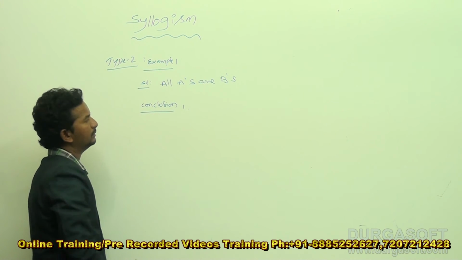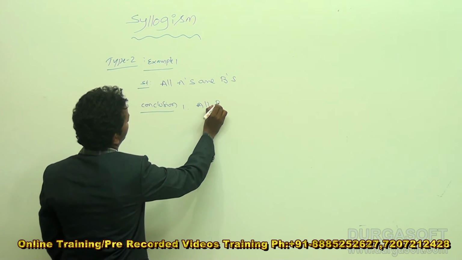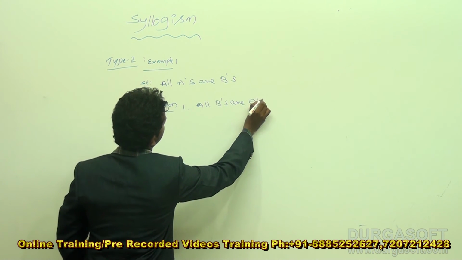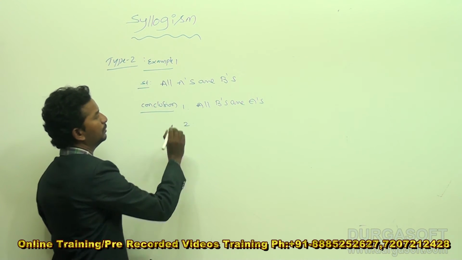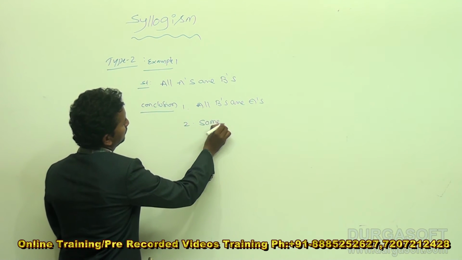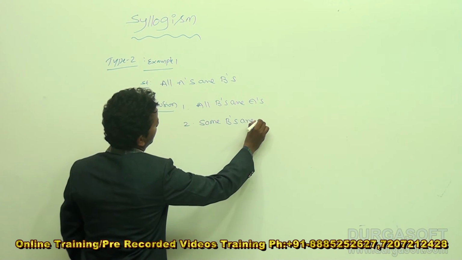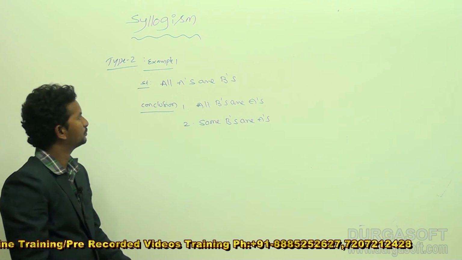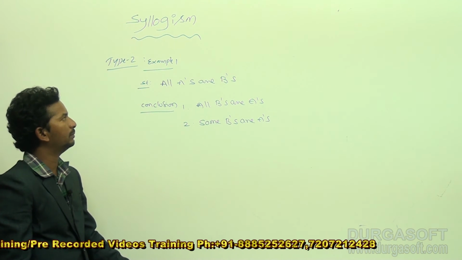Conclusion number 1: all B's are A's. Now coming to conclusion number 2: some B's are A's. Now again, some A's are B's.